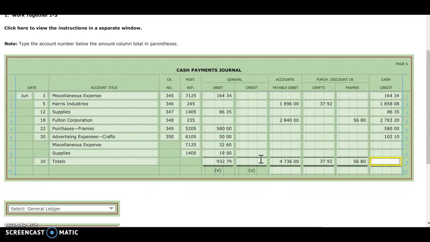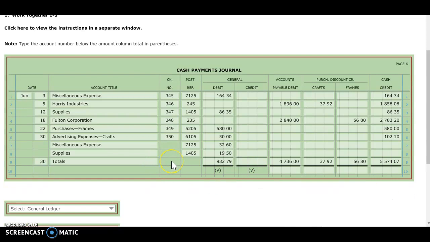And then we need to add up our cash credit. So our total there, we should get $5,574.07.